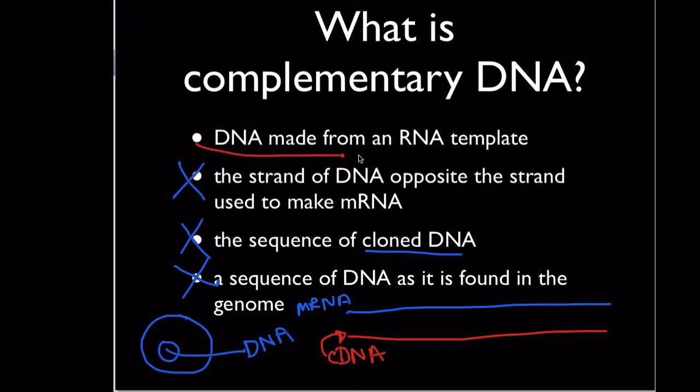So this was the correct answer here. So it's not really opposite the strand. Messenger RNA doesn't have anything opposite from it. It's just there waiting to be translated into a protein, and you can isolate the RNA from a cell and then use a polymerase to make complementary DNA off of it.